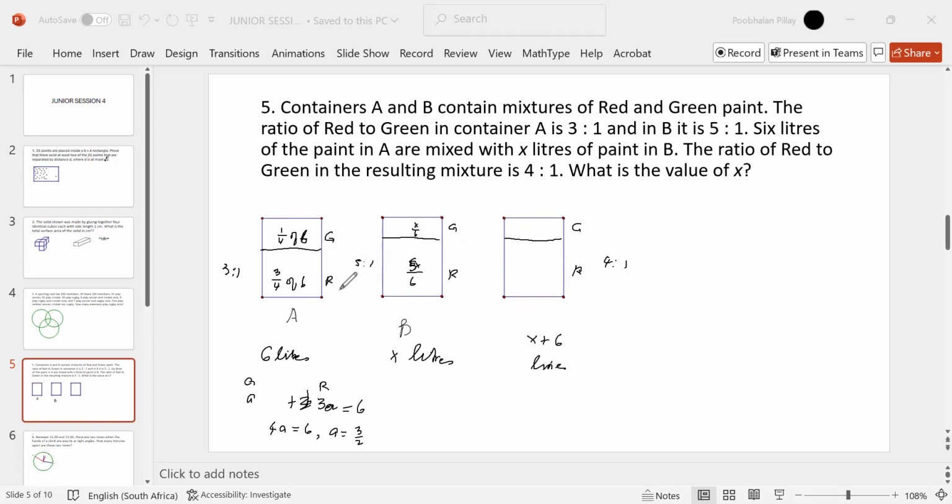Right. So in that mixture, if it's mixed thoroughly, this is the amount of red you will have in the mixture, and this is the amount of red you have in this mixture. Now those both things are put together.